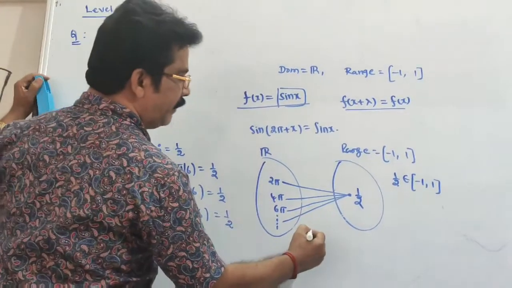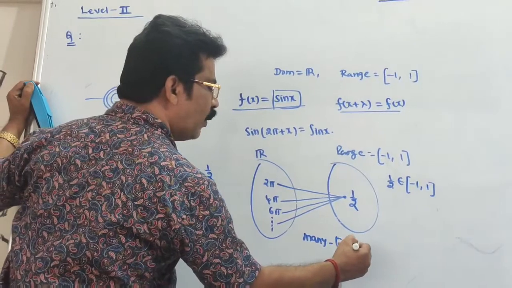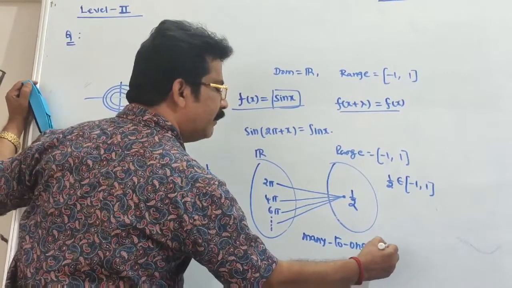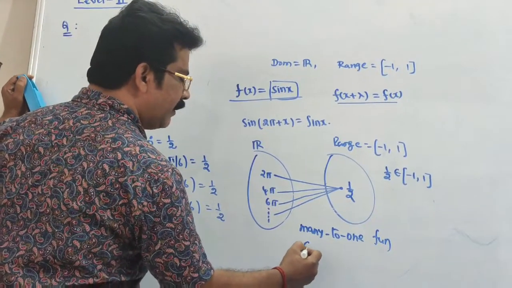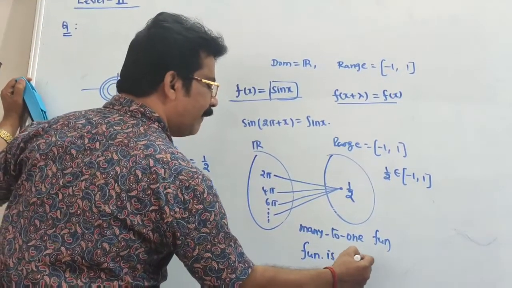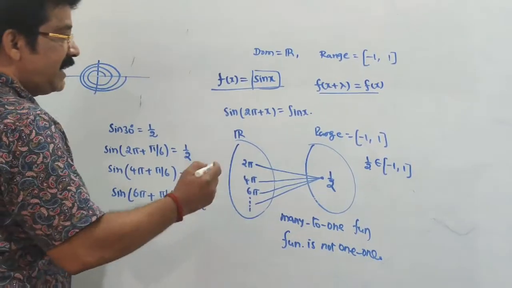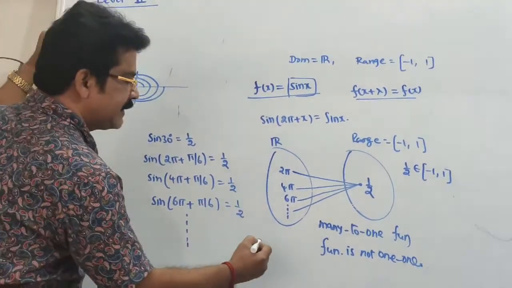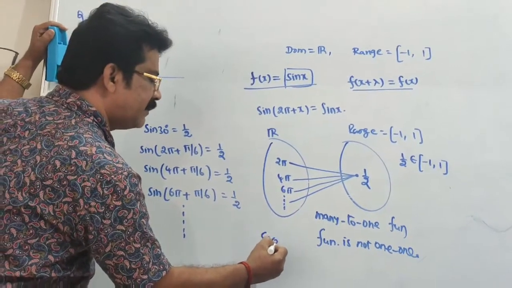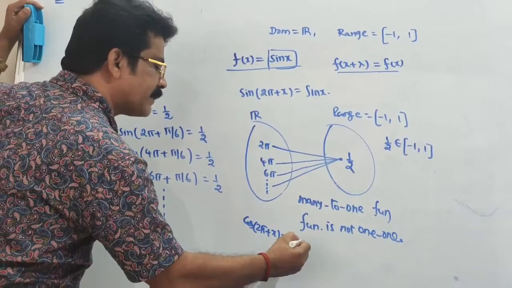This is called a many to 1 function. Many to 1 function means the function is not 1 to 1. Similarly, in cos also, cos of 2 pi plus x is equal to cos x.